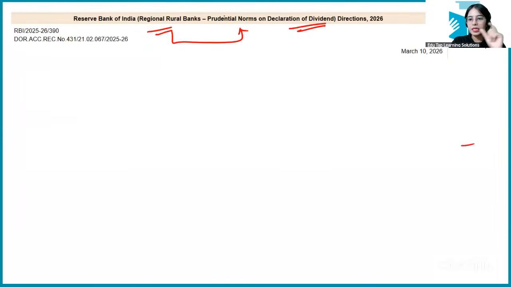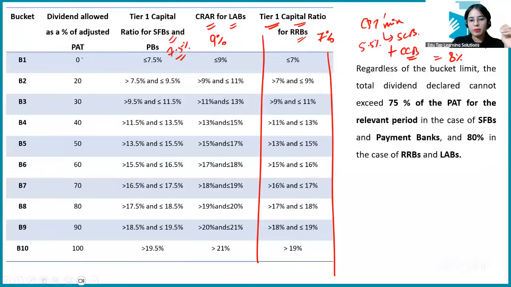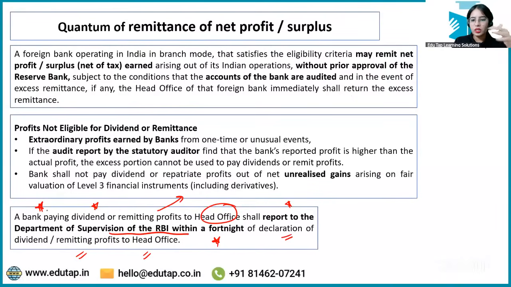Now, for the RRBs, there is a special point. All the other banks, small finance banks, local area banks, payment banks, commercial banks, have to report to the Department of Supervision of the Reserve Bank of India. But in the case of RRBs, who is the supervising authority? Very good.